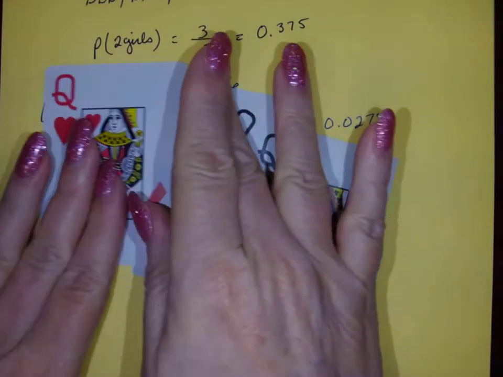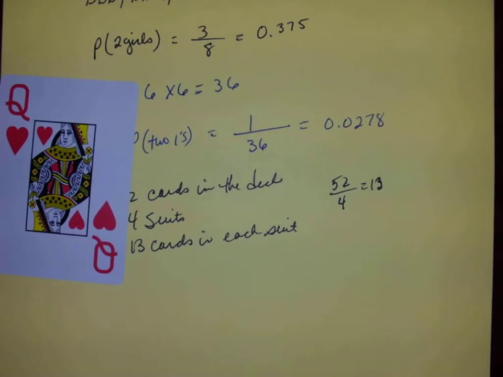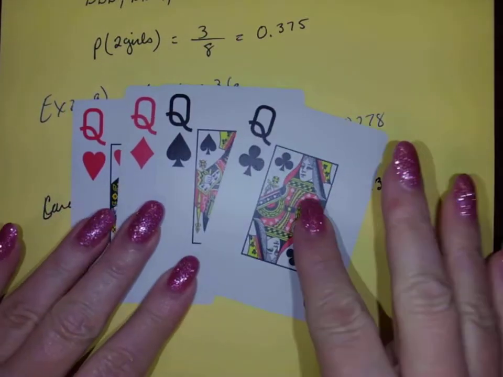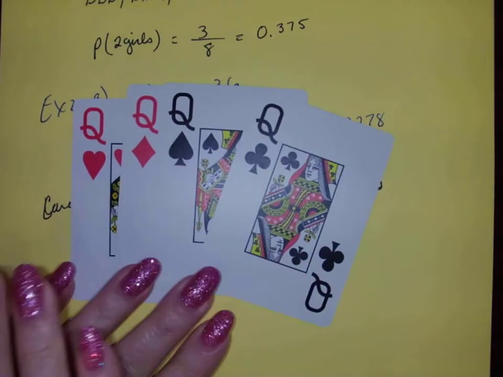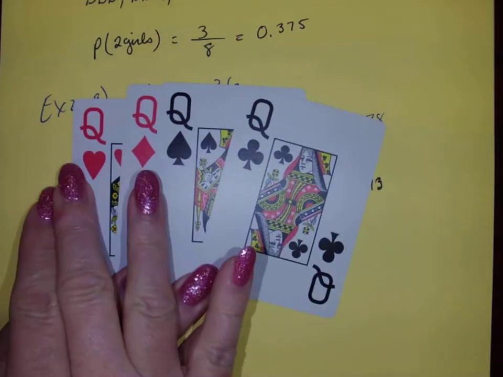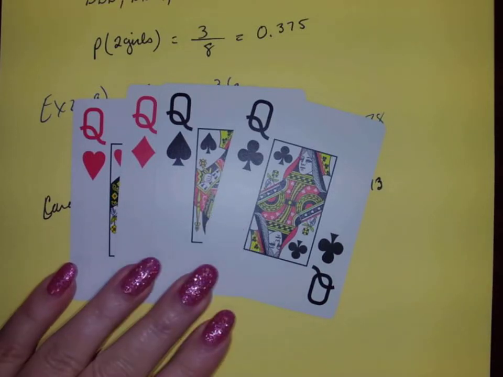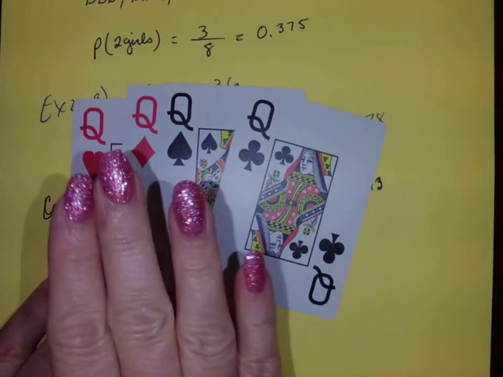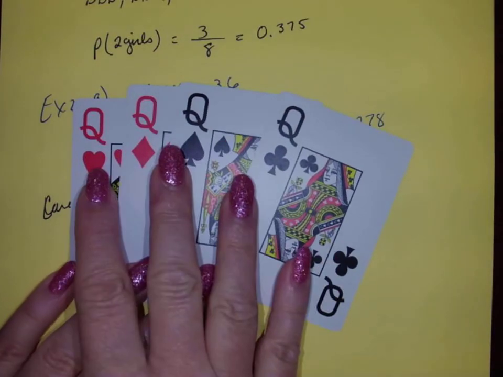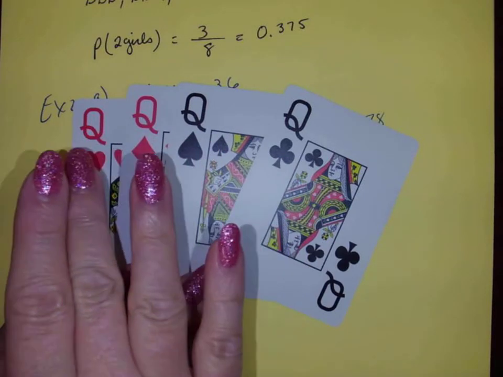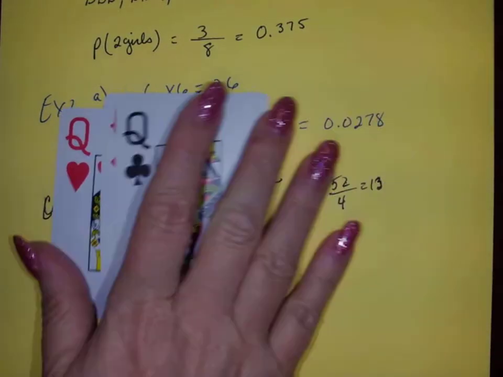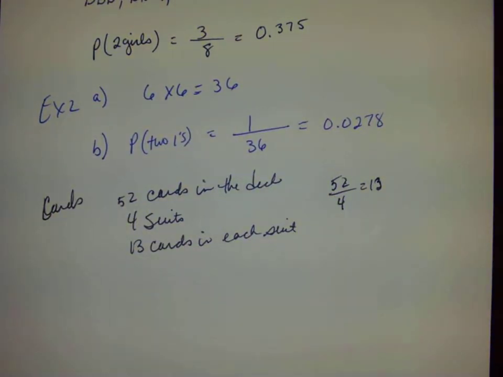If we're looking at the probability of drawing a queen out of the deck, there are 4 queens because there's 1 queen in each suit. That would happen the same way for 4s, for 9s, for aces, for kings. There's 4 of each card in there, 1 of each suit. So that's something else that you're going to need to understand.